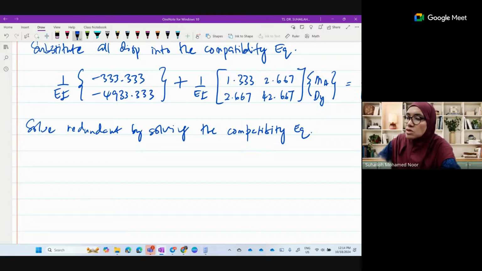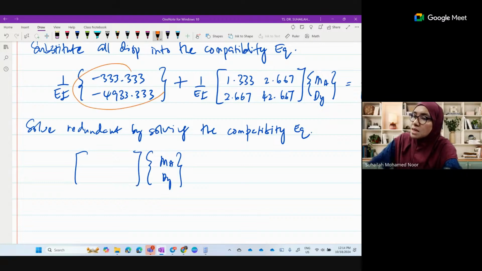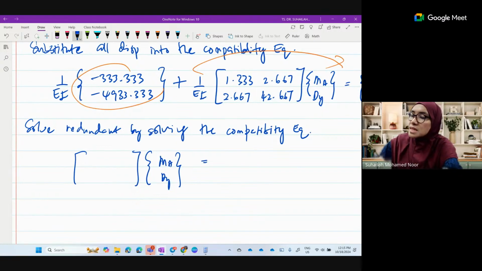So, bila kita nak solve, kita nak cari nilai MA and DY, right? Yang ni kan, yang ni F tu maintain kat sini. Tapi yang ni kita bawa pergi belah sana lah kan? Okay, so yang ni is equal to, bawa sana jadi positif.